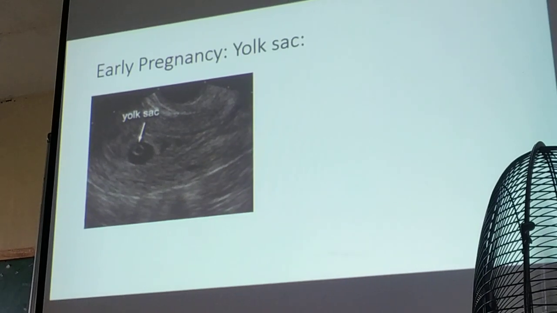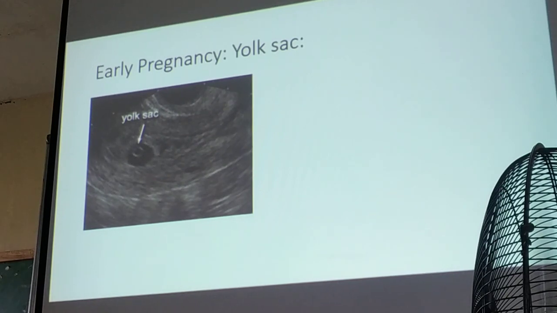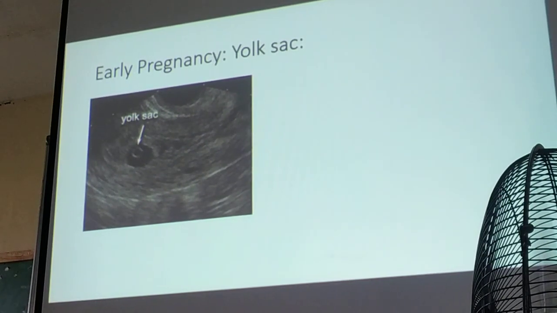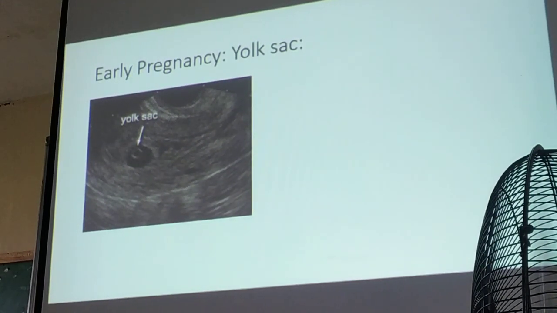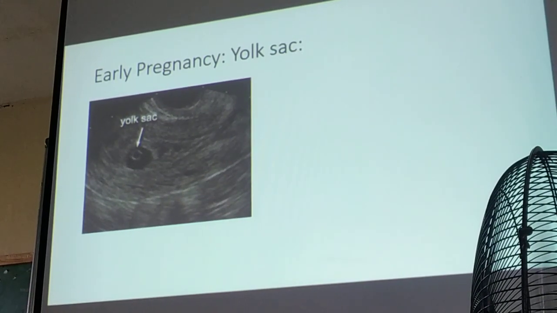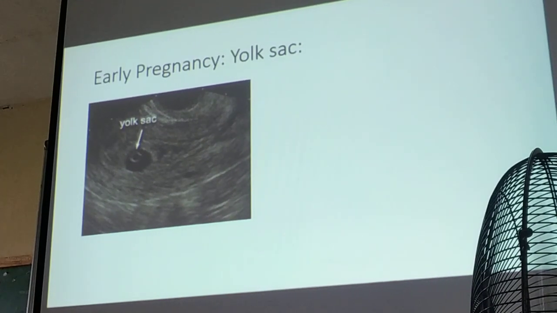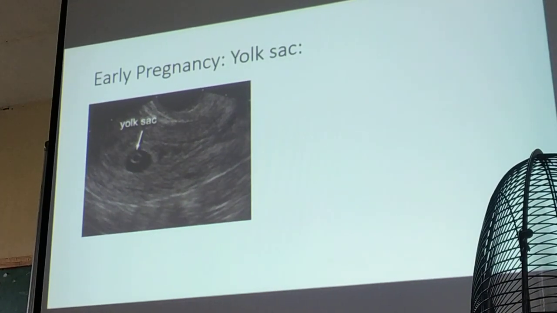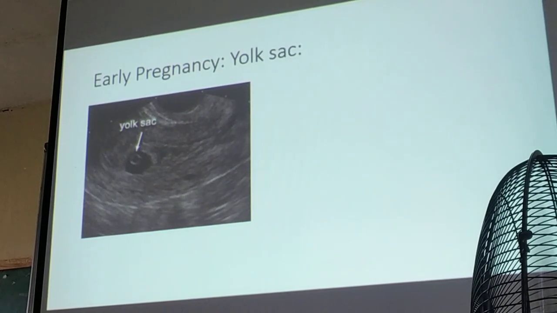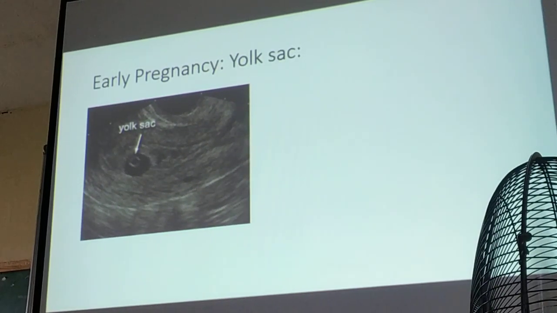The yolk sac is quite important to rule out blighted ovum in early pregnancy. So, yolk sac would occur next to your gestational sac before the embryo. Okay? So, GS, yolk sac, then embryo.